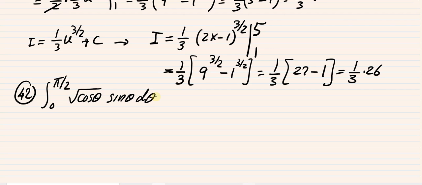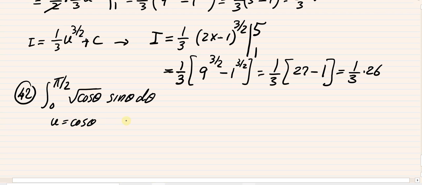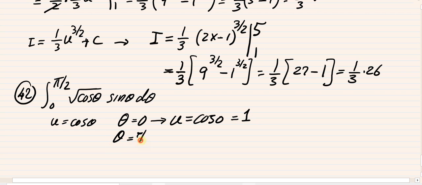Okay, so for number 42 now, we're going to make a u substitution in this one. Okay, so we're going to let u be cosine theta. That means when theta is 0, u would be cosine of 0, which is 1. And when theta is pi over 2, u is going to be cosine of pi over 2.